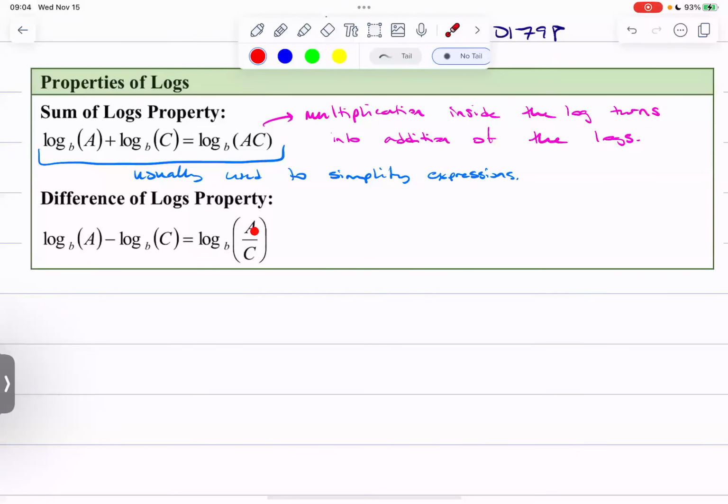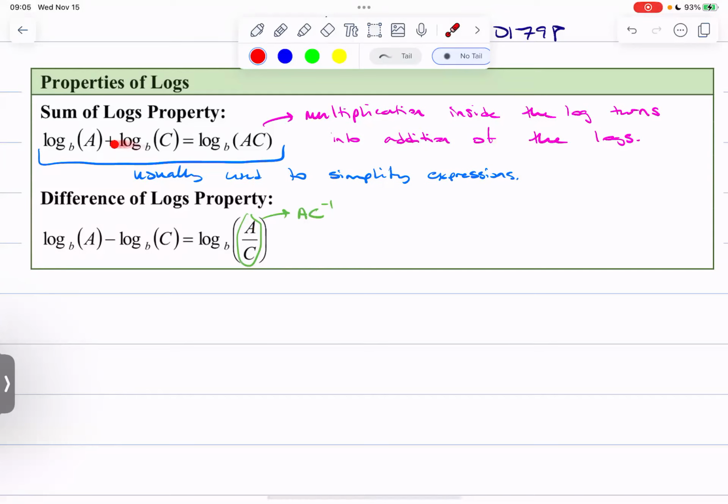Remembering that you could rewrite a over c as a times c to the negative 1, right? And then everything else falls into place. This is the same as a times c to the negative 1.